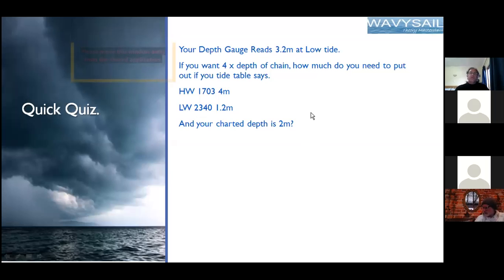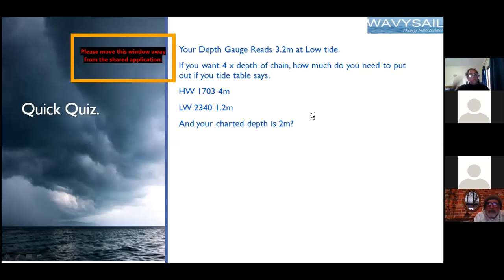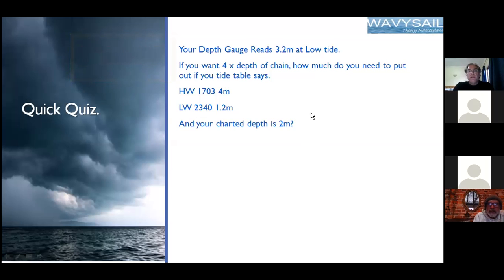Your depth gauge reads 3.2 meters at low tide. You want four times depth of chain, so you've got your chain and you want to throw an anchor out. How much would you need to put out if your tide table says high water 1703, 4 meters, low water 2340, 1.2 meters, and your charted depth is 2 meters?